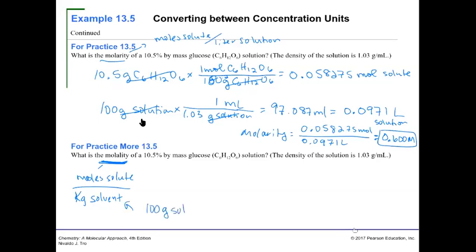is 100 grams, and we need to know the mass of the solvent, so we can subtract the mass of the solute that was given, 10.5, so 100 minus our 10.5 is 89.5 grams of solvent, and we need to turn that into kilograms.